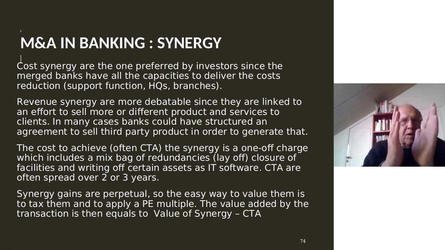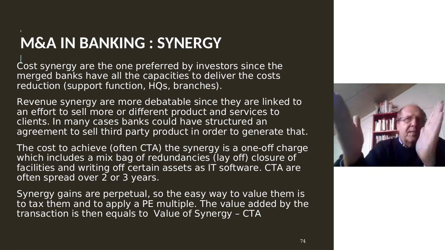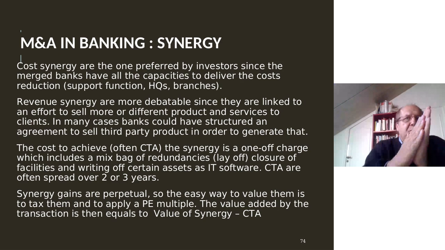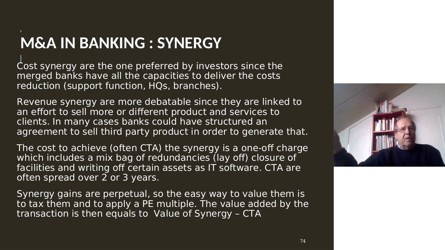And often it's spread over 2 years, 3 years maximum. So if a bank is doing the acquisition next Monday, 11th of October, then maybe most of the spending will be in the rest of 21, 22, and 23. And then after that, you have no cost. You have all the benefits of the merger, of the combination, and the cost will come back to zero.